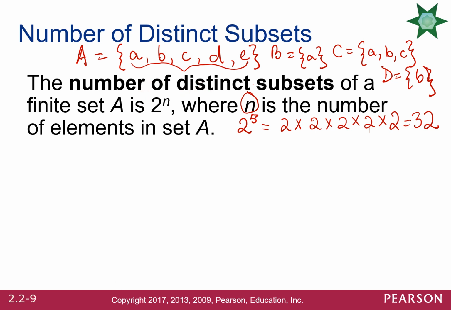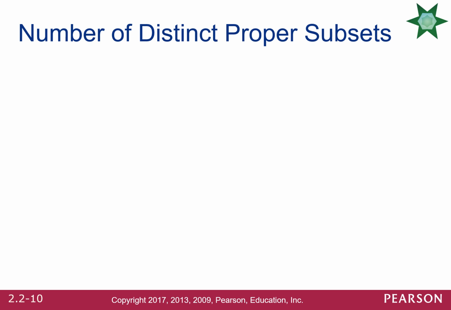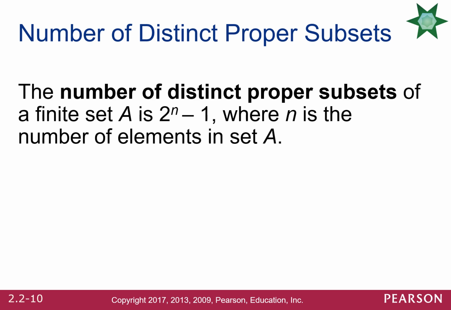So the number of distinct subsets of a finite set is 2 to the power n. Now the number of distinct proper subsets is given by this formula.